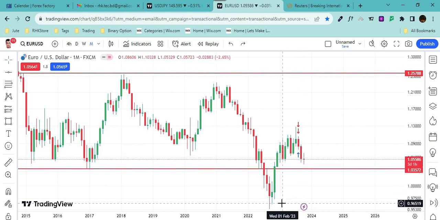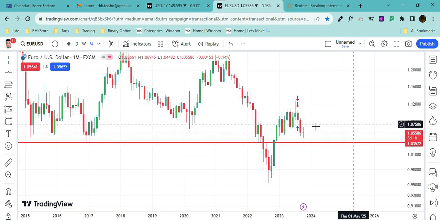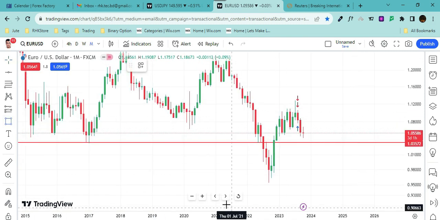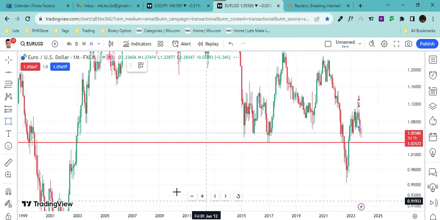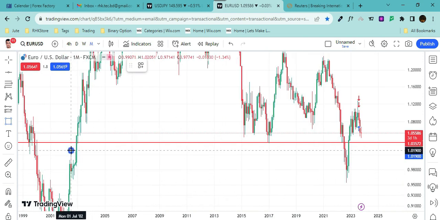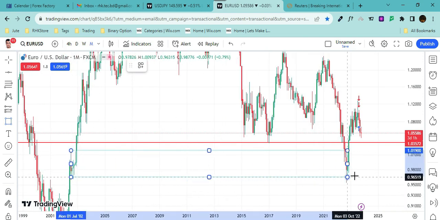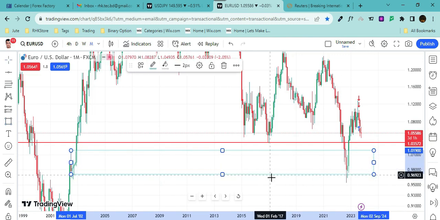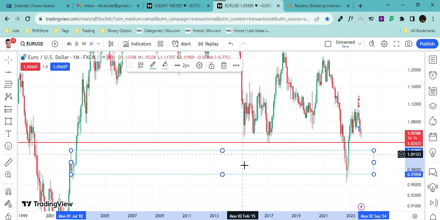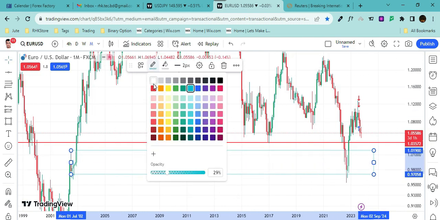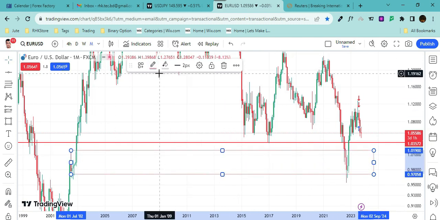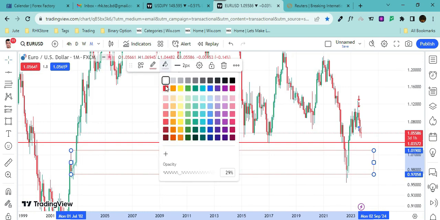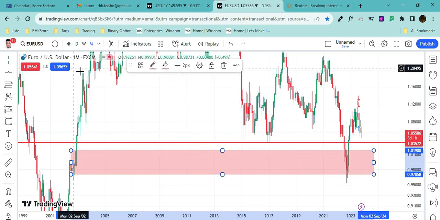It made a double bottom for this candlestick here. You can see it. This was the reason: the double bottom was formed in the monthly time frame, and that pushed the price to this level.